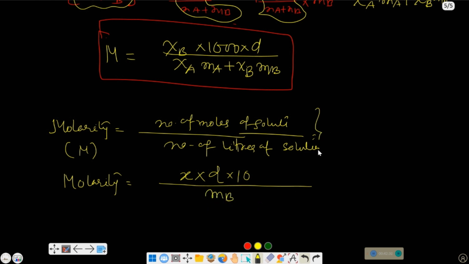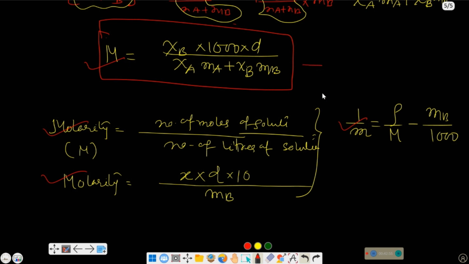Next we got the relation between molarity and molality: 1 by m is equal to rho by molarity minus molecular weight of the solute divided by 1000. This is one relation, and another relation was this one. So all these relations we have done today. These four formulas we need to remember, and in the next class we will look at some numerical problems based on them.